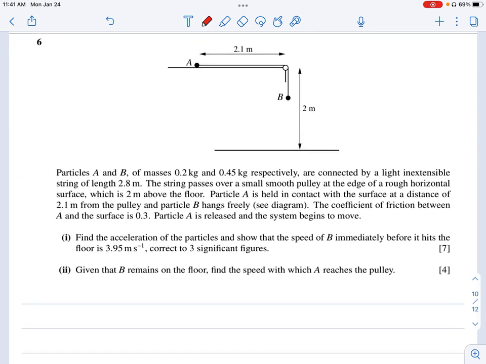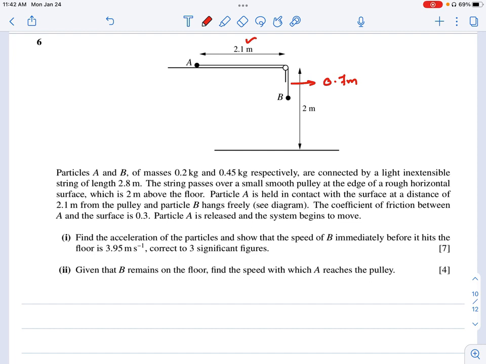Coming to question number 6 now. The particles A and B, of masses 0.2 kg and 0.5 kg respectively, are connected by a light inextensible string 2.8 meters long. So 2.8 means this has to be 0.7 meters, because already 2.1 meters is there. The string passes over a smooth pulley at the edge of a rough horizontal surface, which is 2 meters above the ground.